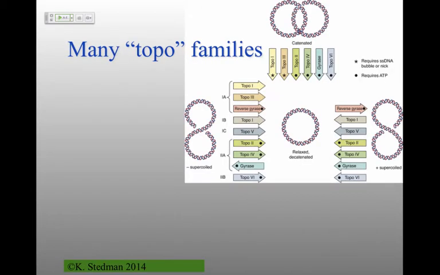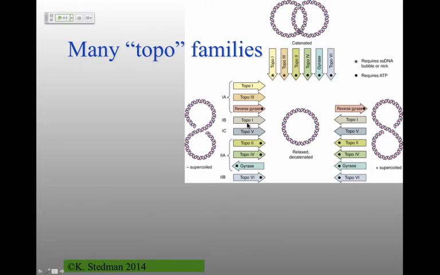There are lots of different kinds of topoisomerases, and the fact that there are so many different topoisomerases is a really good indication how important they are for functioning in biology. If you didn't need topoisomerases, you probably would have very few or almost none of them.